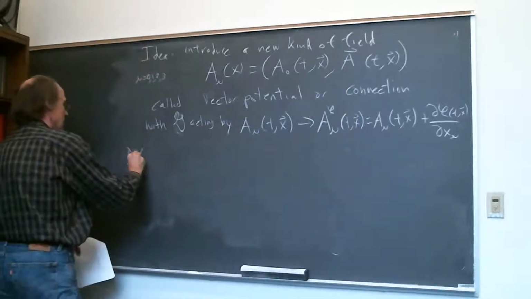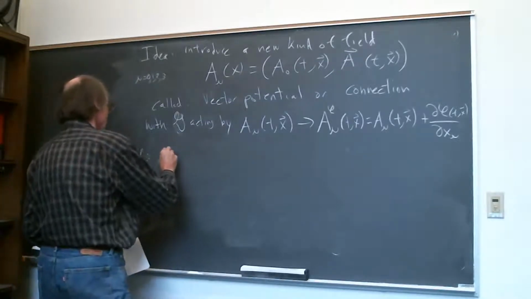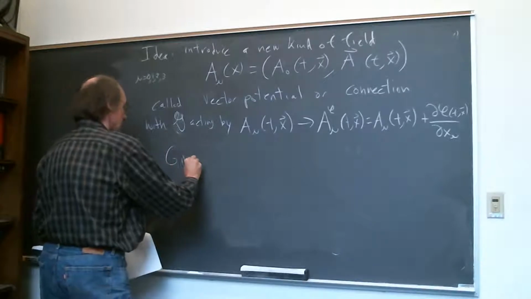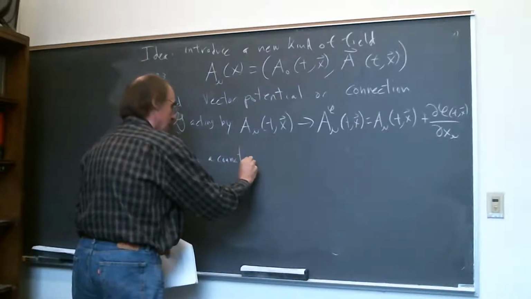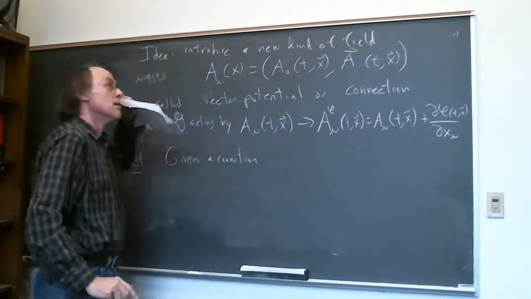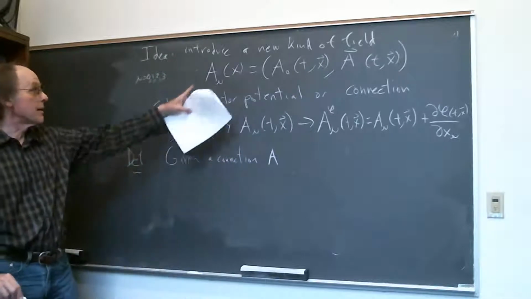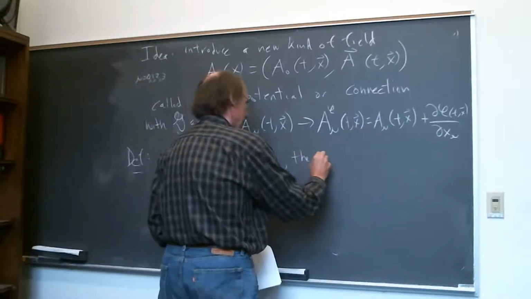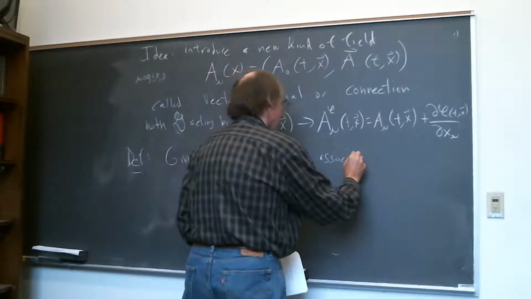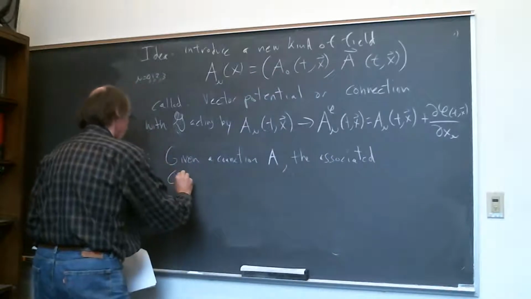Given a connection, I'll often just write an A to mean this gadget. You have the associated covariant derivative.